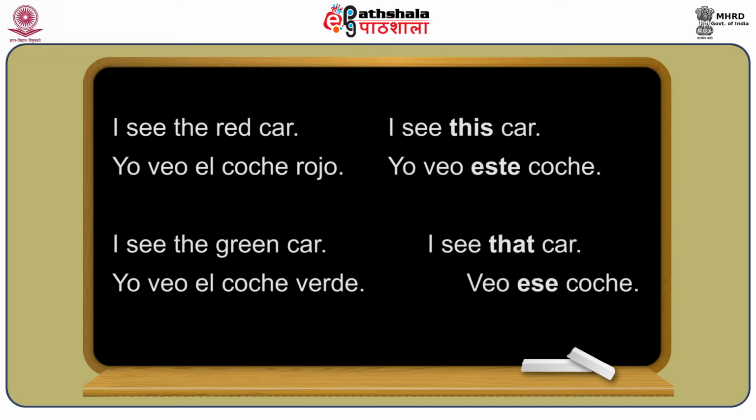So este is this. And if I say I see the green car and I see that car, again that is here the demonstrative determiner. So I see the green car in Spanish will be yo veo el coche verde, and I see that car will be veo ese coche.